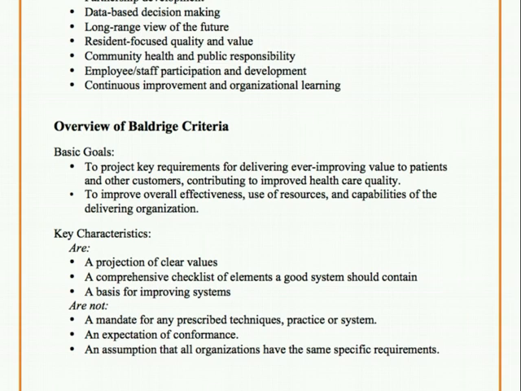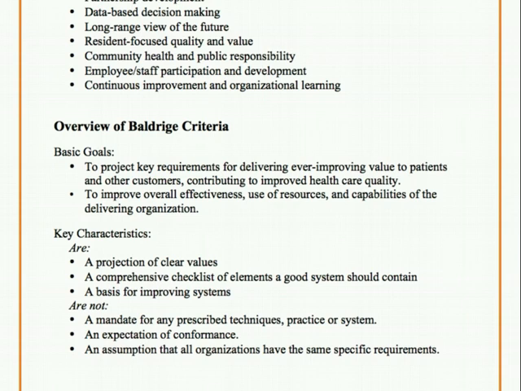A key element of the Baldrige Performance Excellence Program that is used in our program is the Baldrige criteria itself. Let's take a minute for a brief overview of the criteria, specifically 2 basic goals of the criteria and 6 key characteristics. The first basic goal: to project key requirements for delivering ever-improving value to patients and other customers, contributing to improved health care quality.